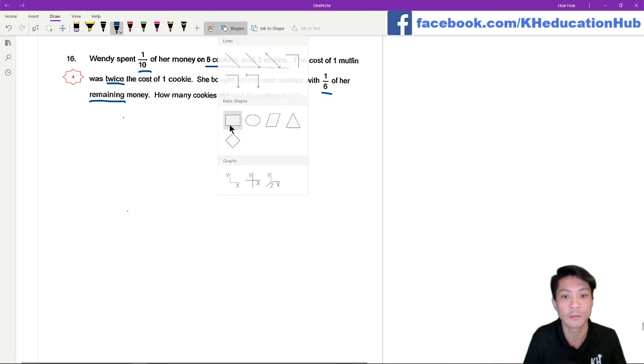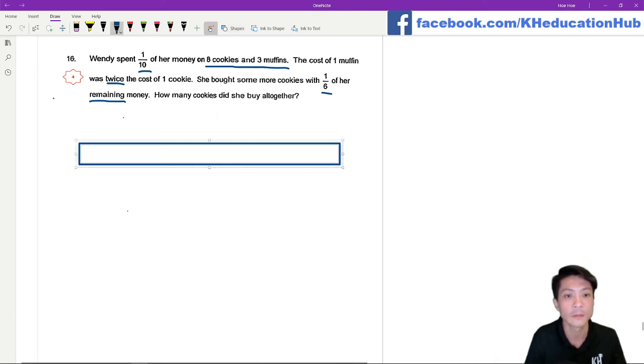I'm going to draw a model, and I'm going to cut it into 10 parts. So this is the 1/10, which is the 8 cookies and the muffins.